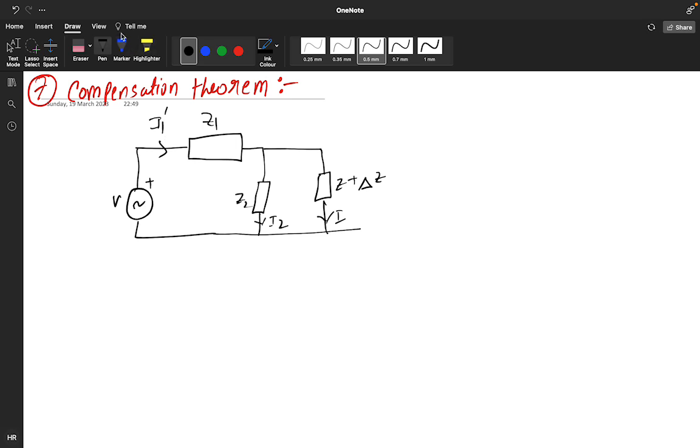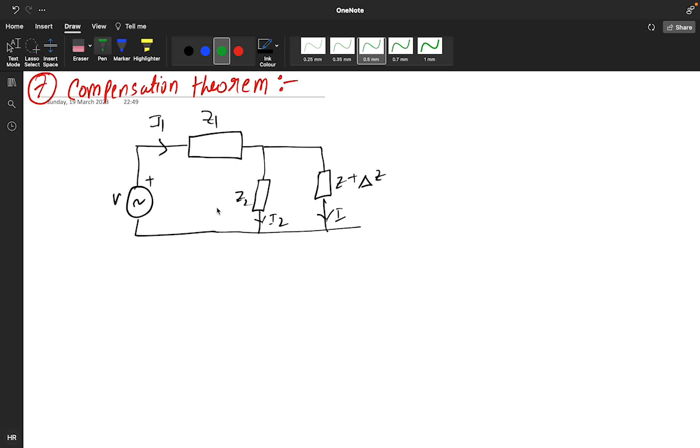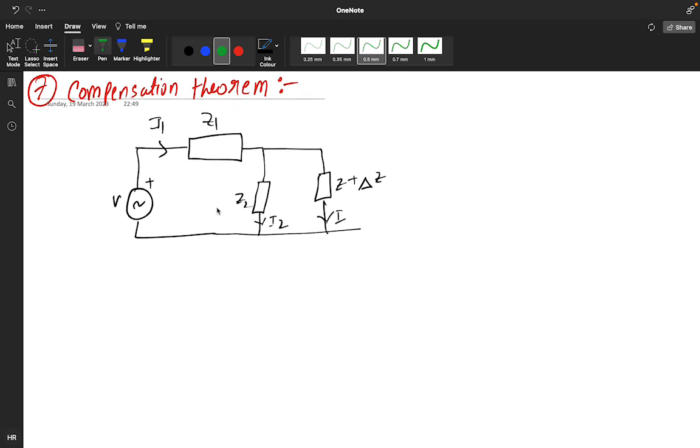This is I1, let it be I1 only. Now what I am saying is, this is my network. This is my voltage, this is my Z1, this is I1, this is Z2, I2, and this is Z plus delta Z. Some change is there, delta Z.